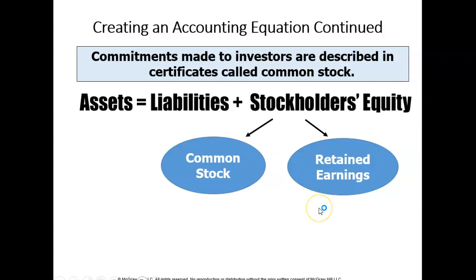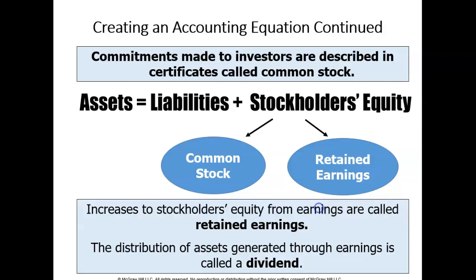So we'll talk about how to determine the amount of retained earnings, but this section shows the amount of profit that was not paid out to the stockholders in the form of dividends, but that was kept inside of the company. They're retaining their earnings. And we're going to see how to use this equation in more detail to record business transactions. All right. So retained earnings will increase stockholders' equity, meaning that we've made an actual profit.